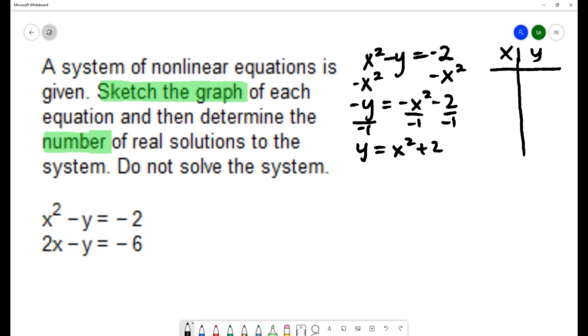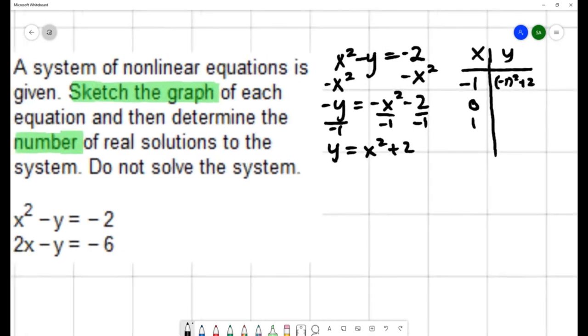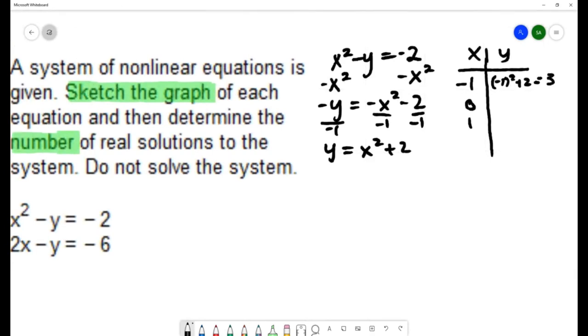So I'm making a chart, and I'm going to choose x equal to negative 1, 0, and 1. You can choose any 3 x's you want. I have negative 1 squared plus 2, which is 3. 0 squared plus 2 is 2. And 1 squared plus 2 is 3.